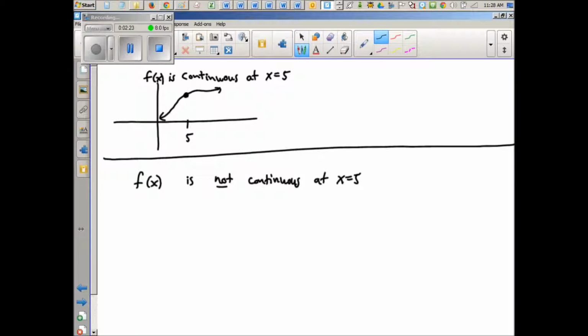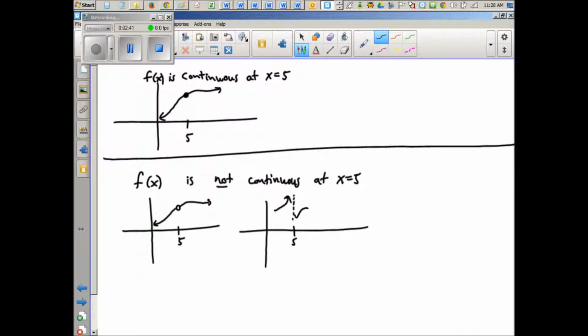Here we go. 3 full pictures. First one, we have a hole at 5. Okay? And the second one, we have an asymptote at 5. And it's one of those situations where the left side goes up and the right side goes down.